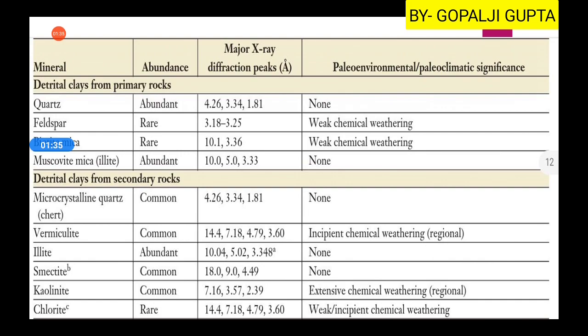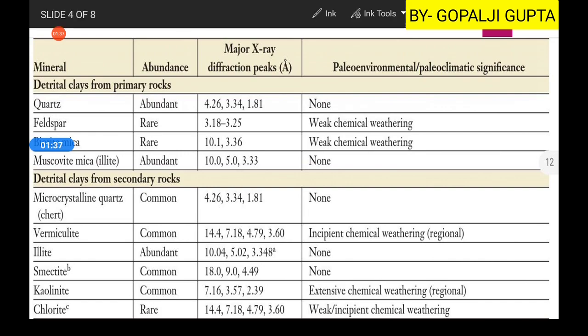In that research paper, this is the table, and the first category is the detrital clays from the primary rocks. Here you will get the mineral quartz, which is most abundant, and it shows no specific environmental conditions.